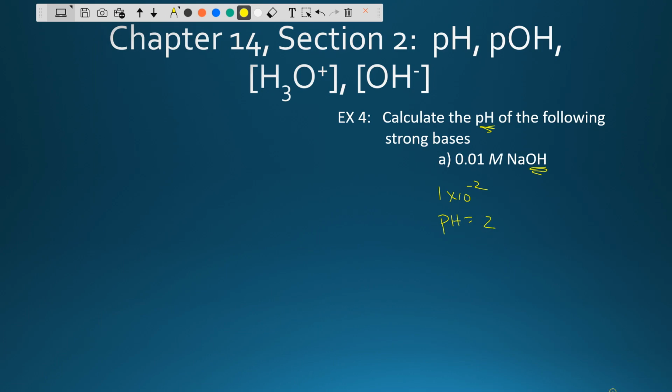Now be careful, because if I'm describing a base there, remember that the hydroxide ion is going to be the value with it. So be careful, because I'm describing the OHs in this case.